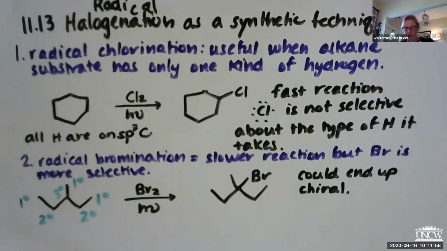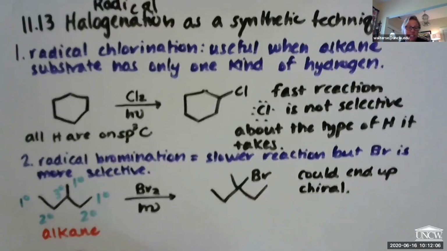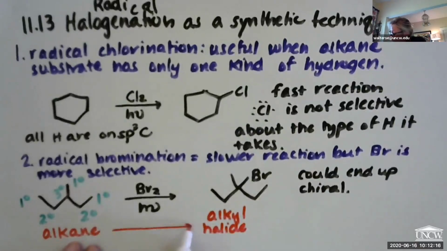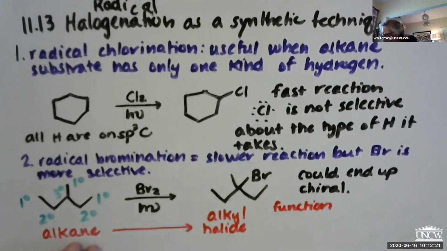Okay, so why this is important is that we went from having this pretty boring alkane that we can't do much with except use as solvent and burn, and then we made an alkyl halide. So what we did essentially in going in this direction is we did a functional group transformation.